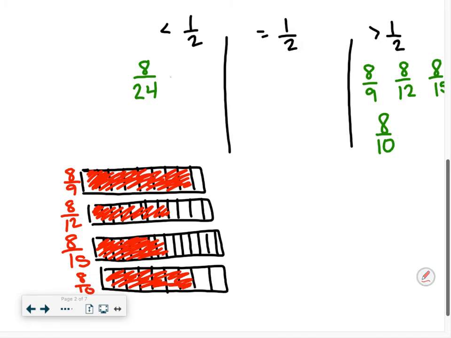So take a look at these candy bars. What do you notice about them? What do you notice about the amount gone and the size of the denominator? Macy, what do you notice?